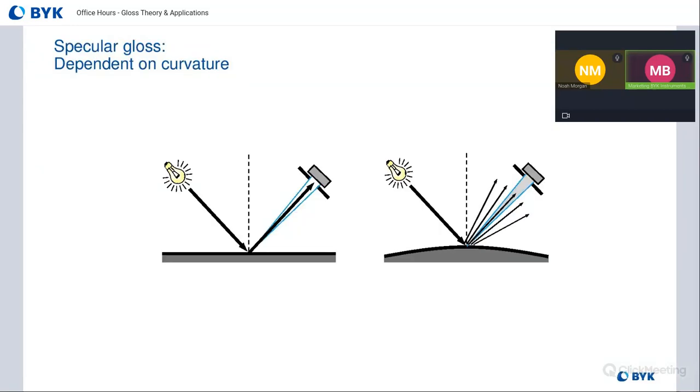Right. So depending on how curved that surface is, say for example it's just a slight curve, what you could do is create a jig that the gloss meter would sit on, so that the port is only ever flat.